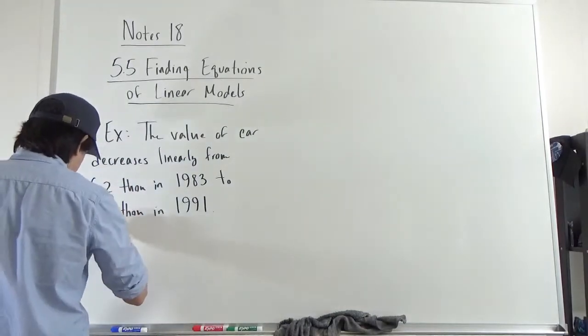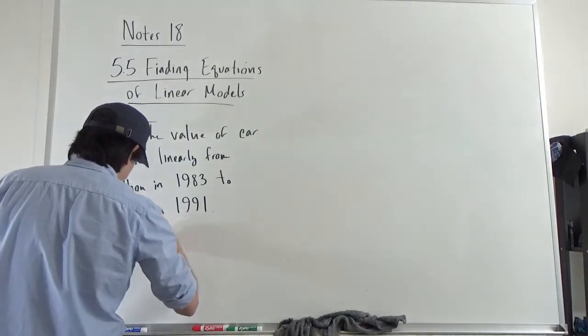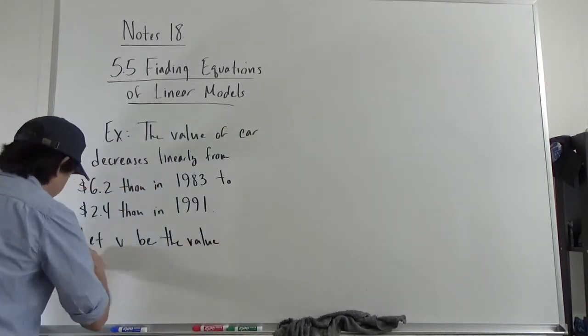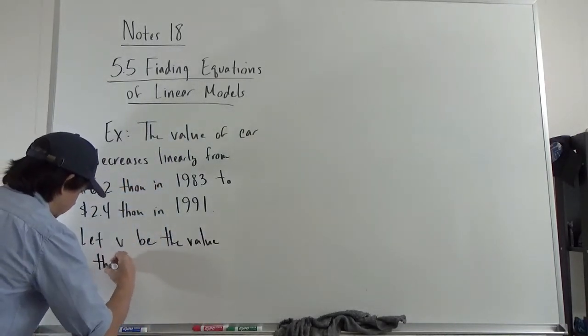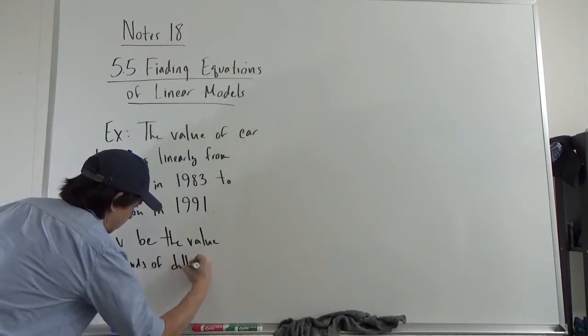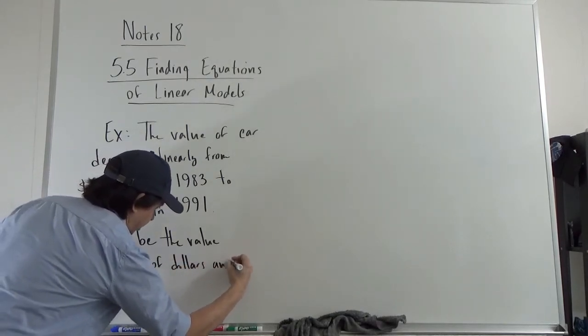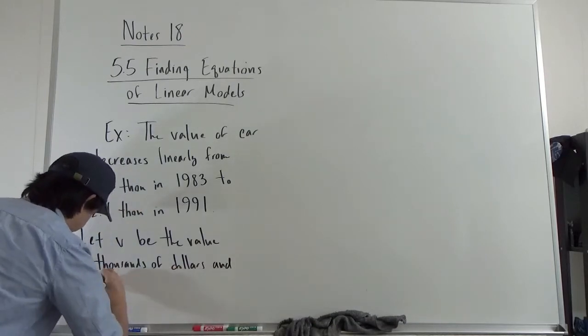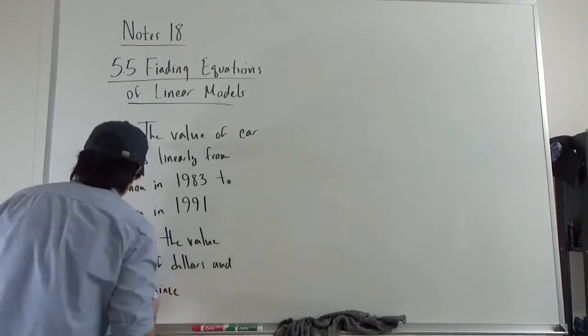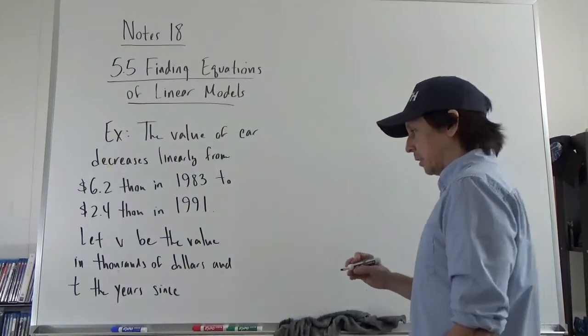And then they're going to define some variables. Let V be the value in thousands of dollars and T the years since, and the reference year is 1980.